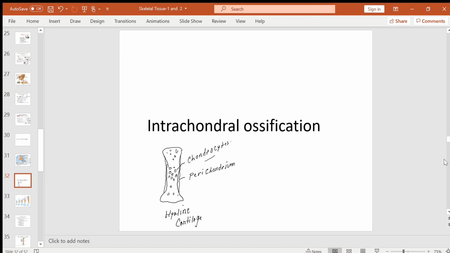So first, what will happen? The perichondrium will be converted to periosteum. Okay, periosteum is here now.